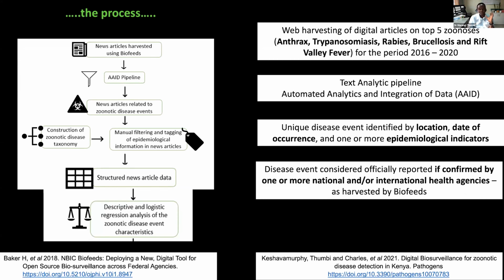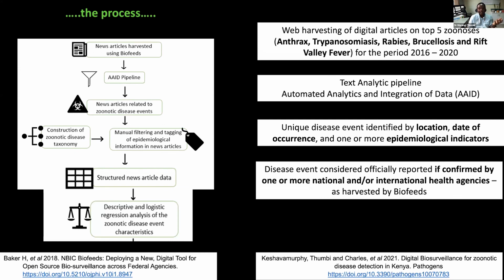And so what we did was use a tool we call BioFits that is able to harvest digital articles for a period of 2016-2020, and then we conducted some analysis to identify what would be a unique disease event by location, date of occurrence, and additional epidemiological indicators.